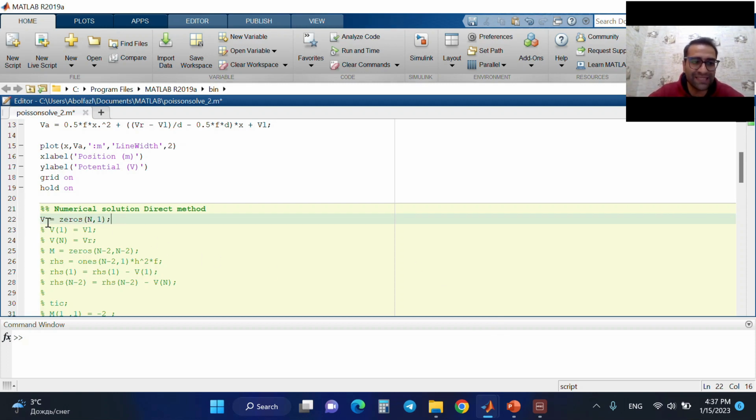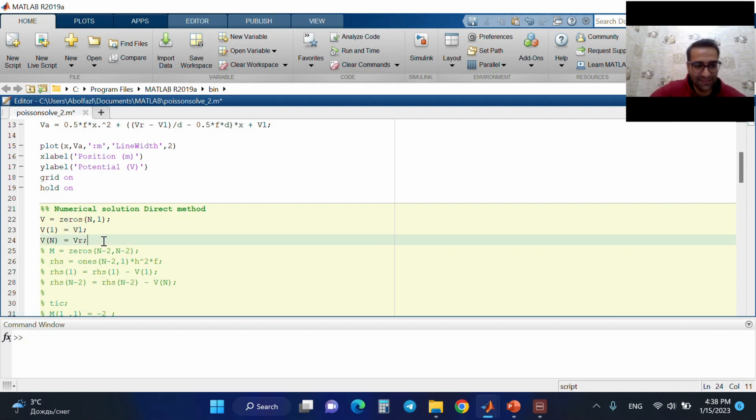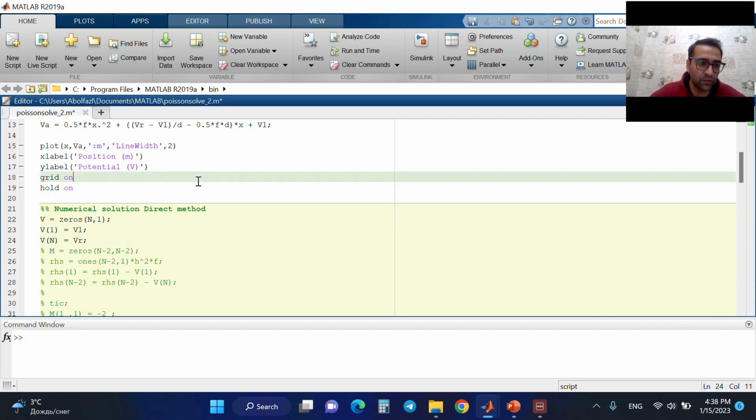First let's allocate some memory to V, and this is possible by defining zeros of n by 1. Again we know that V1 is known, and this is V left, and Vn, that here is V6, will be V right.